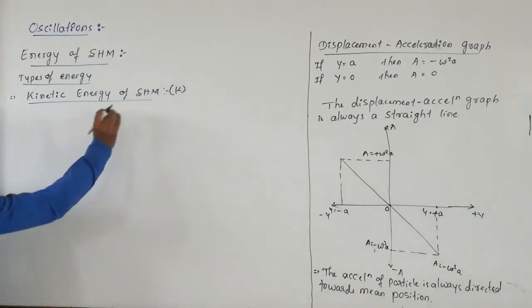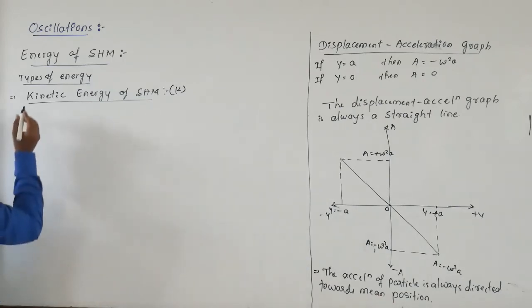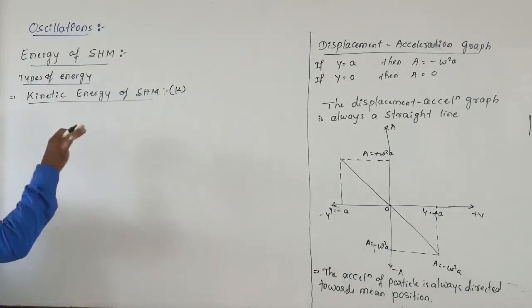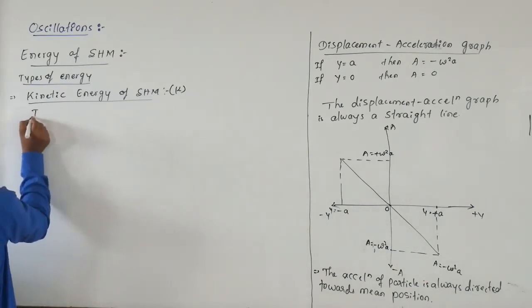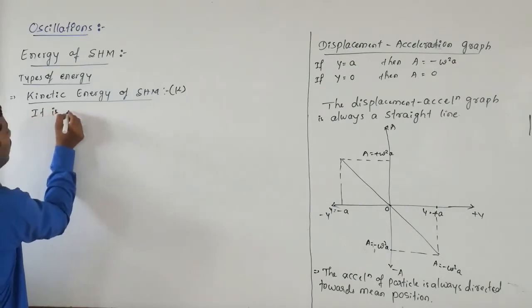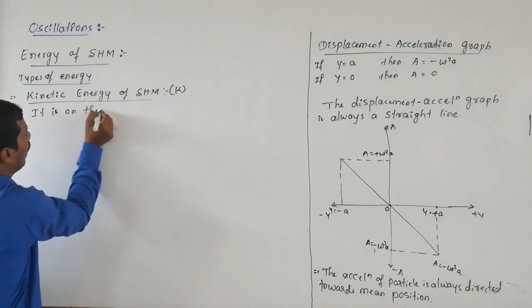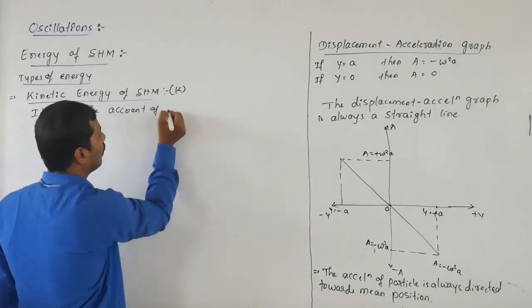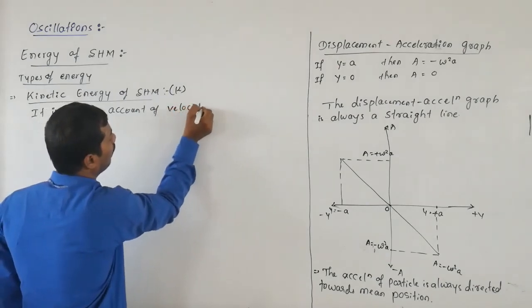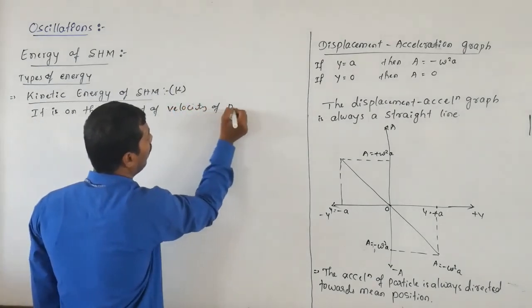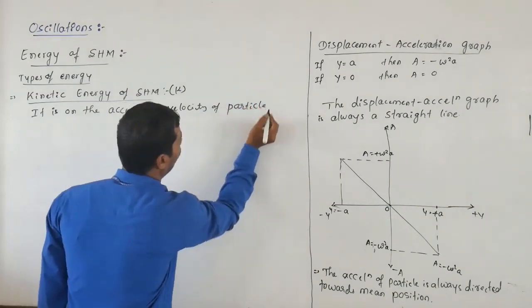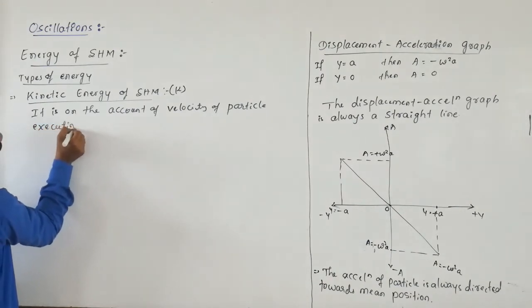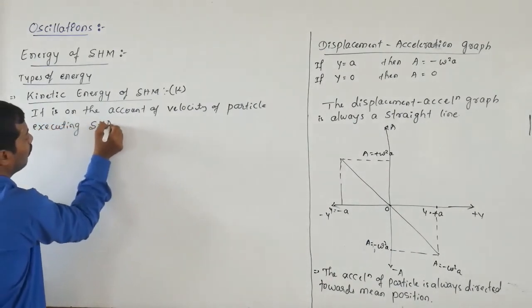Now one thing, very simple is there. Kinetic energy depends on the velocity of a particle executing simple harmonic motion.